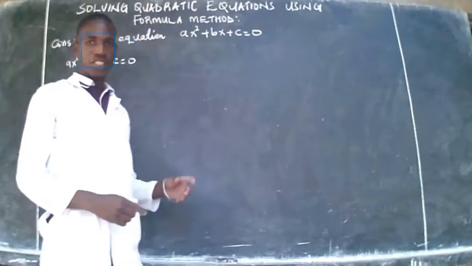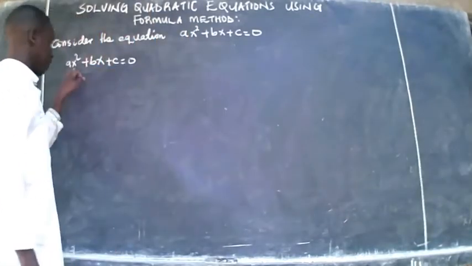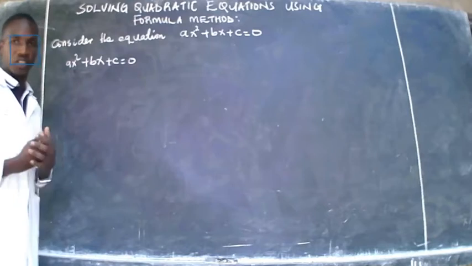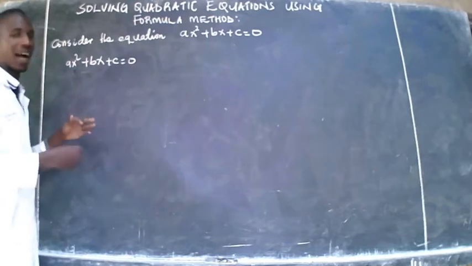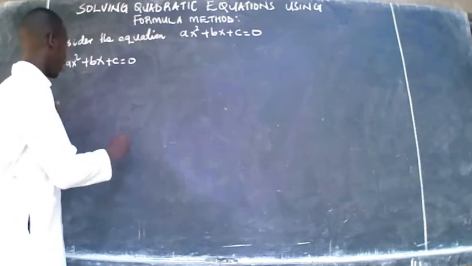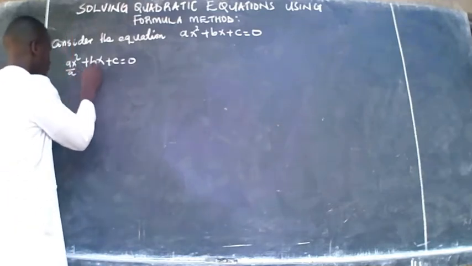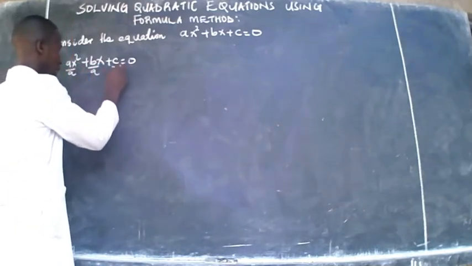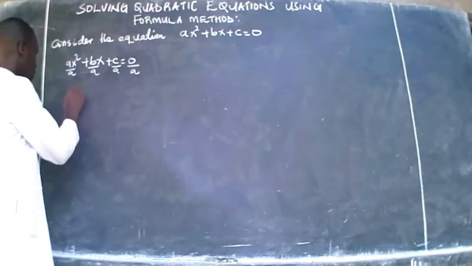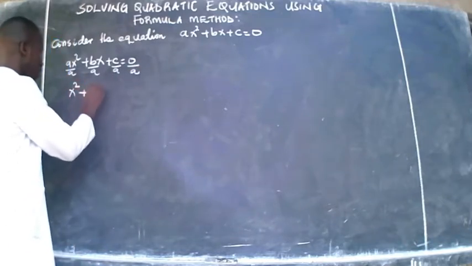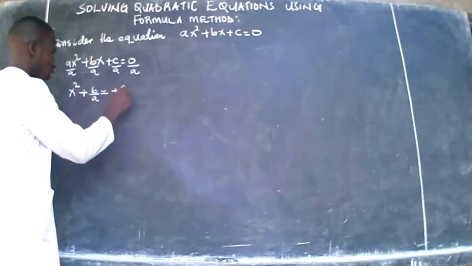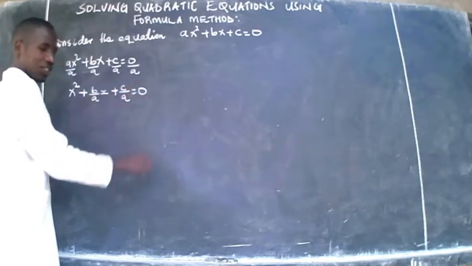So the coefficient of x squared here is a. We have to first make the coefficient of x squared 1. How do we do that? We just divide all through by a. Dividing all through by a, we shall get x squared plus b over a x plus c over a equals 0.